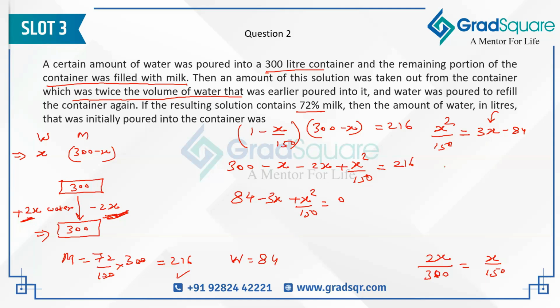Another thing that we can look at over here is that x square turns out to be equal to 150 times 3x minus 84. Now, typically speaking, in such a question, if I presume that x is an integer, then what can I do? I can look at x square and realize that it should form a perfect square.